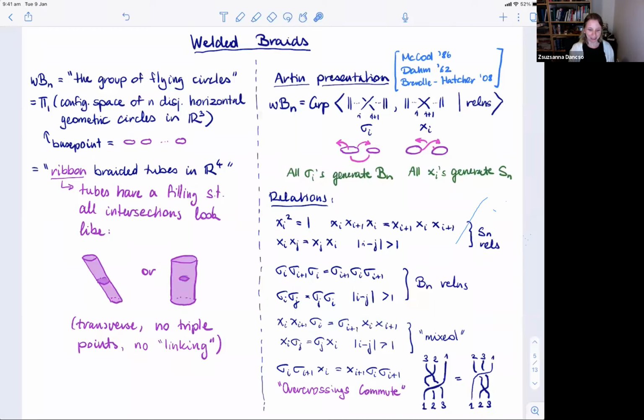So what's not allowed is, say, triple points or linking, where you'd have one tube intersecting another tube in this sort of linked way. Those are outlawed.